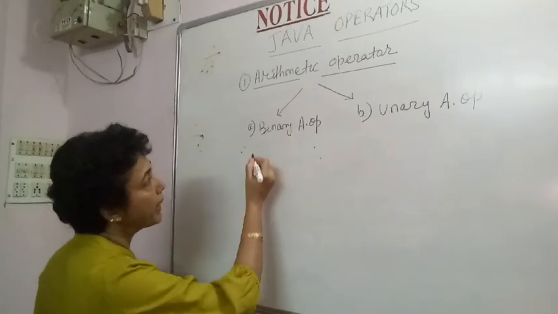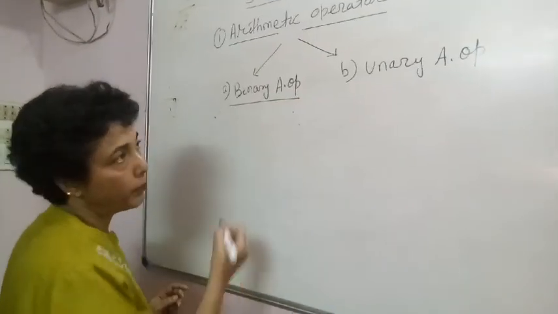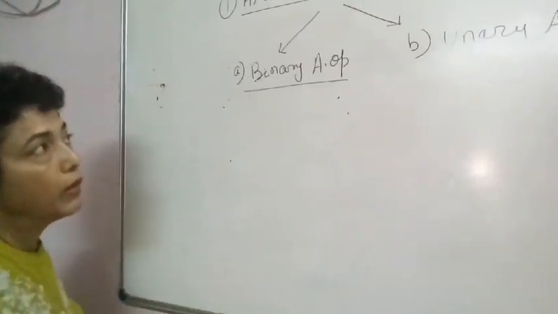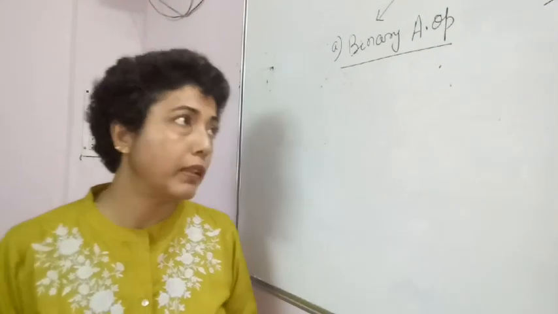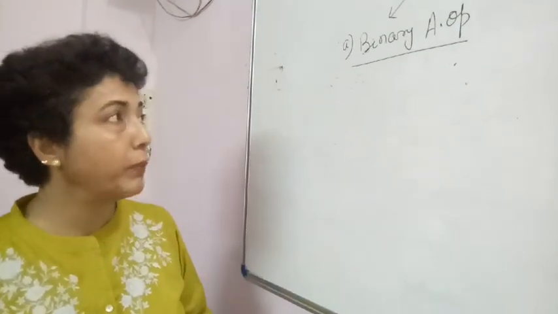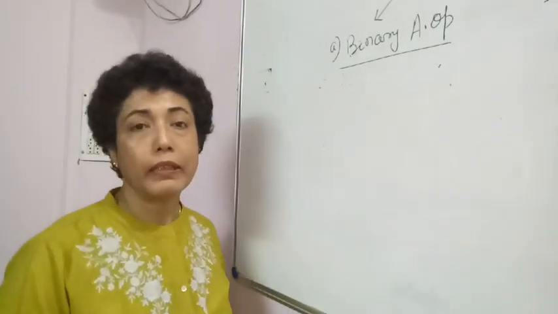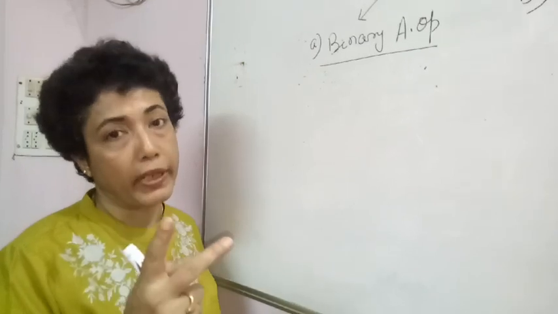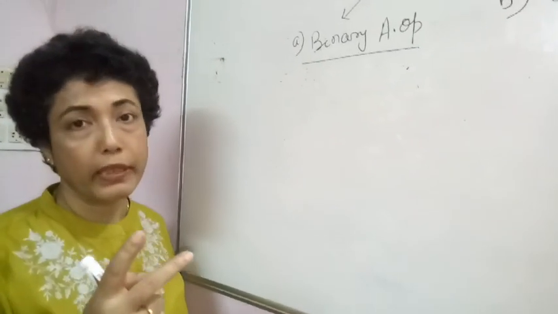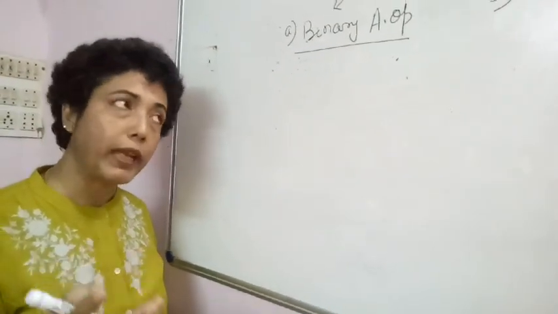Coming back to the binary arithmetic operator. These binary arithmetic operators are those arithmetical operators that are used with 2 operands. And what is an operand? They can be values or variables.